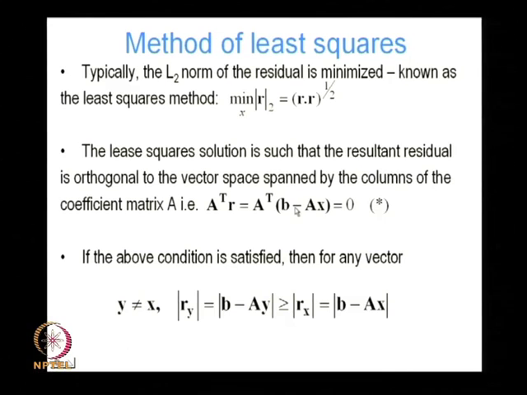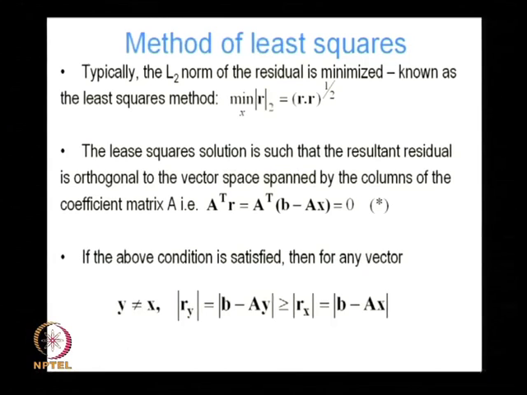If we take the projection on A transpose, b minus Ax means we are taking the projection of this vector b minus Ax on the space that is spanned by the columns of A, which has basis vectors given by each individual column of A.